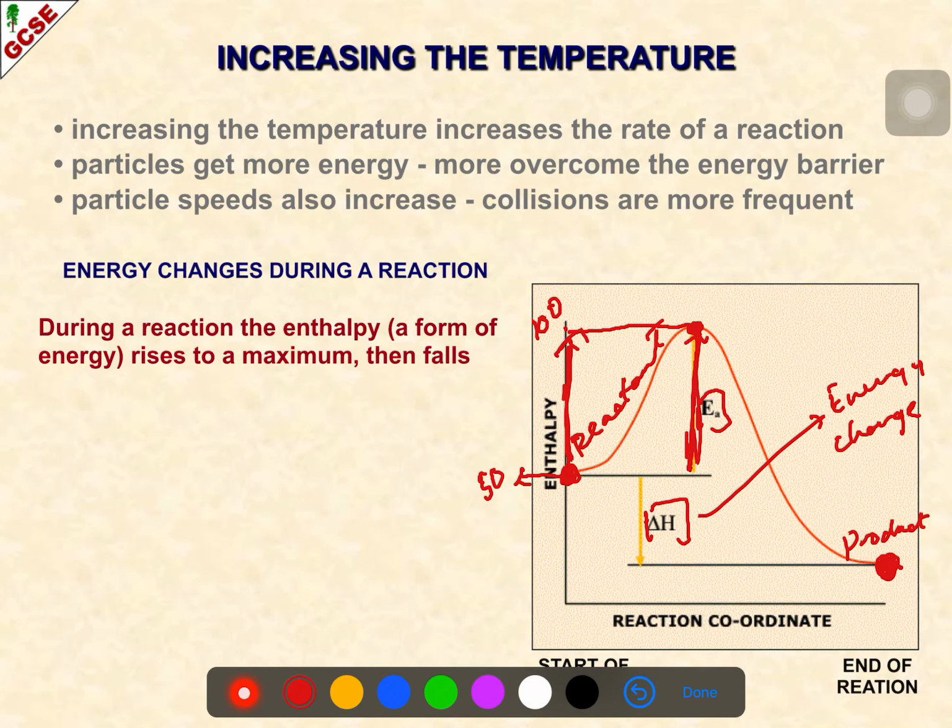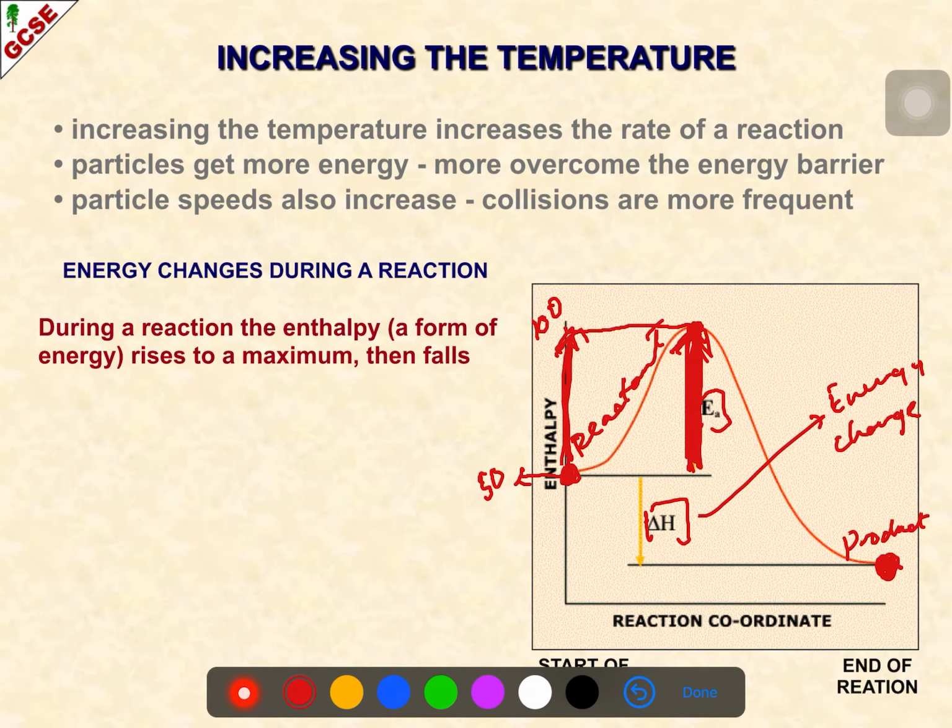Okay, they can never go across this barrier. Okay, there is a wall here. There is a wall that the reactants need to escape or to jump for them to become a product. Okay, and that wall is what we call what? Activation energy. And for them to jump, they need to gain 50 more. All right, so that is activation energy.